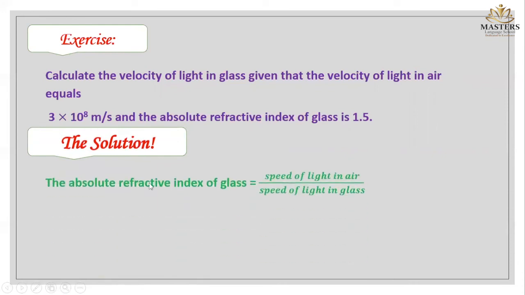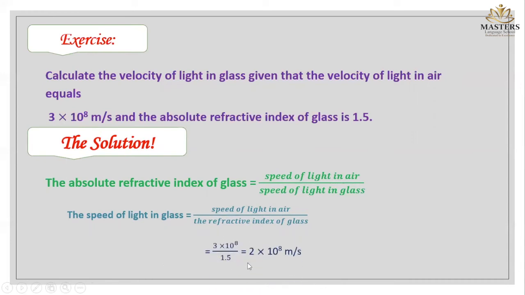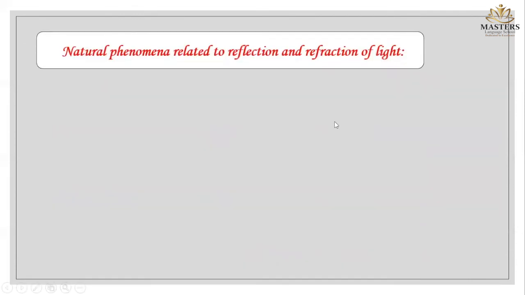The solution: we write the law, absolute refractive index of glass equals speed of light in air divided by speed of light in glass. So it will be 2 × 10^8 meter per second. It's so easy.